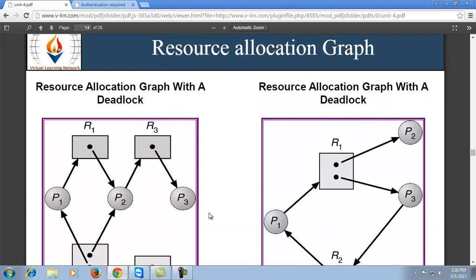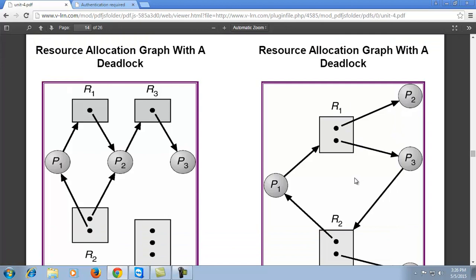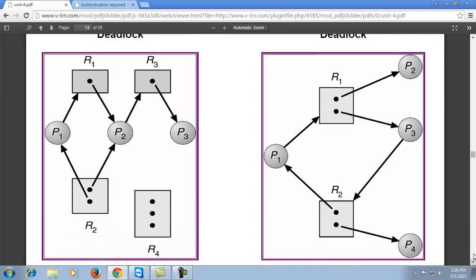In the same way, look at the next diagram, a resource allocation graph with a deadlock. In this situation, we have processes P1, P2, P3 and P4, and only 2 resources, R1 and R2.